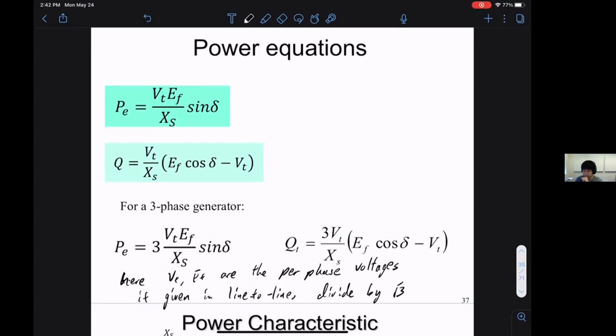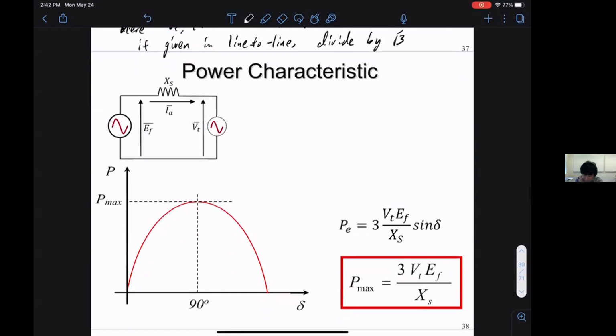And then when you look at these equations, the important one is actually the P equation. The P equation is important because it is 3 times the product of the voltages divided by the synchronous reactance times sine of delta, right?